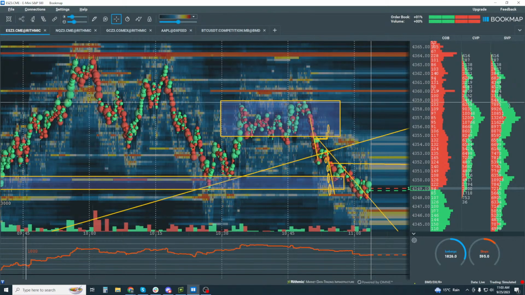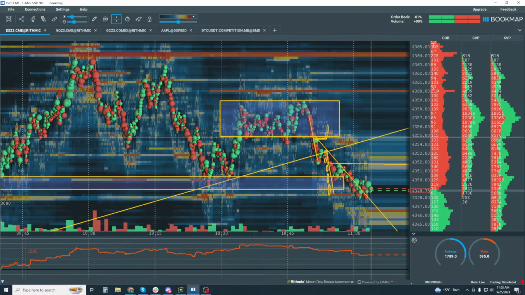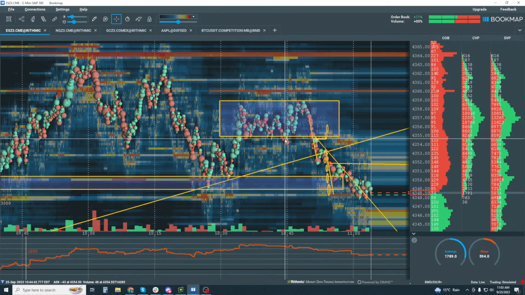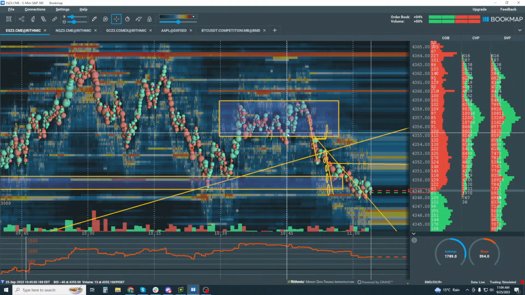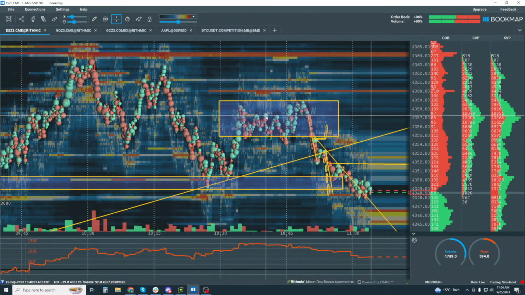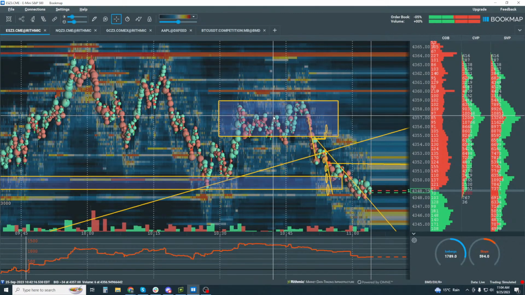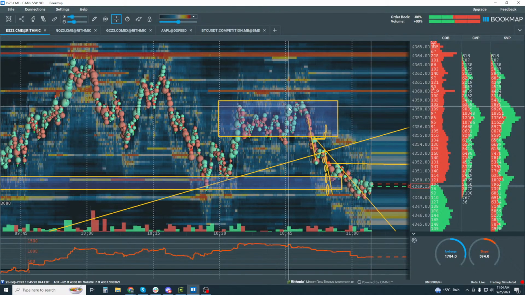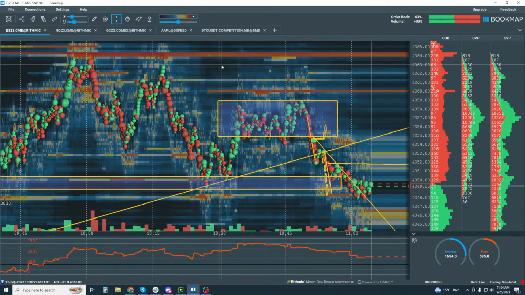Even the spring will work within this consolidation range in your high volume area, which is value. So here's the test outside of that big value area, and the rejection. Look for the other side of the range. I'd probably take some off at the top of this little range, and certainly at least at the top of this range. And like I said, I was looking for the continuation back up into these areas here.